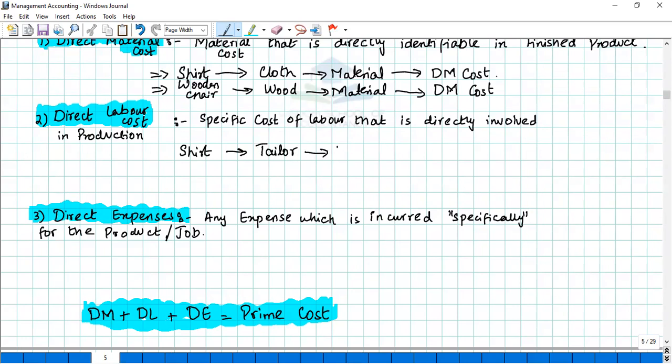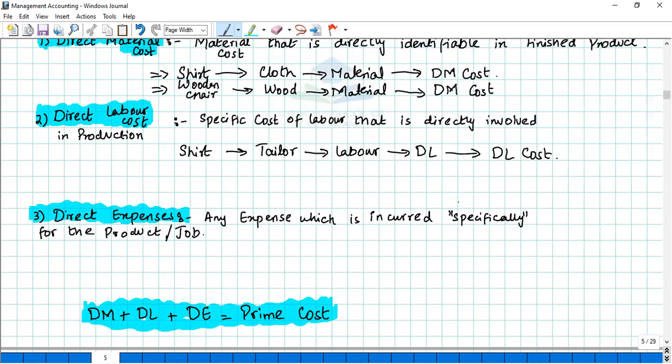Now, the tailor is a labor. And because he is directly involved in the production, the tailor is a direct labor. So the cost of that tailor will be known as your direct labor cost. Now, what is the cost of the tailor? You will be paying some wages, some salaries to the tailor. Okay, so that cost will be known as direct labor cost. So the cost of direct labor is known as direct labor cost.